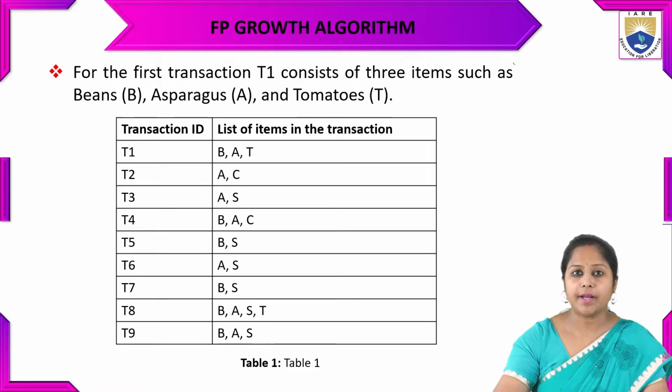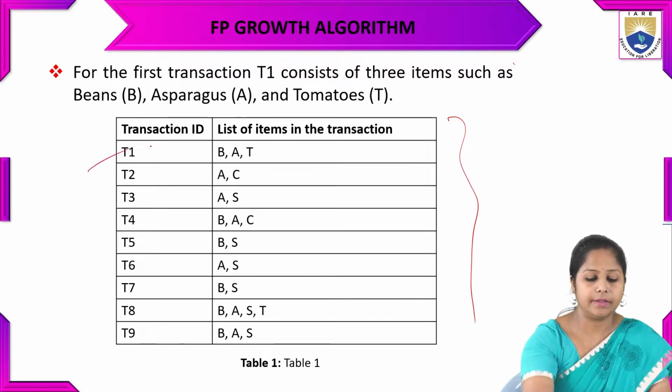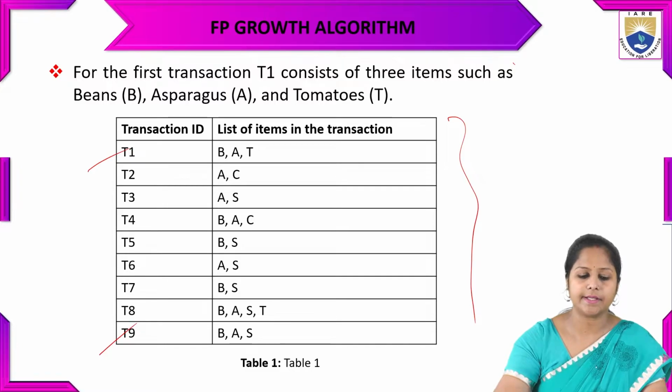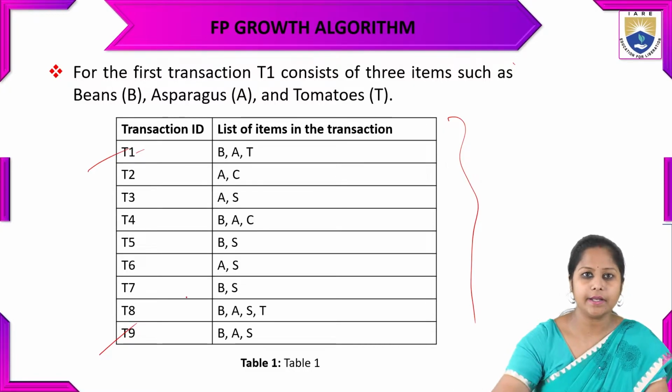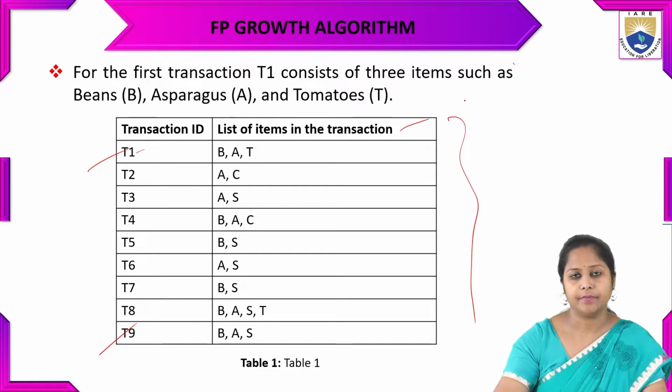So we have one table that has the 9 transactions, with transaction IDs from T1 to T9, and the list of items in each transaction.